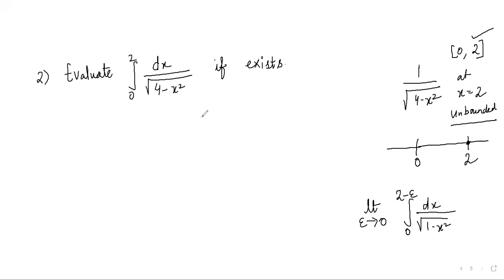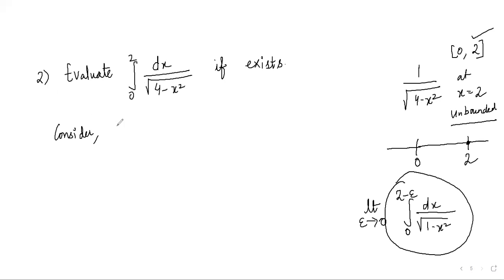So let us consider this particular integral first, which we have discussed here. We have discussed all these things here. So first of all, mention here that this is an improper integral of second kind. The integrand, 1 upon under root 4 minus x squared, is unbounded at x equal to 2.